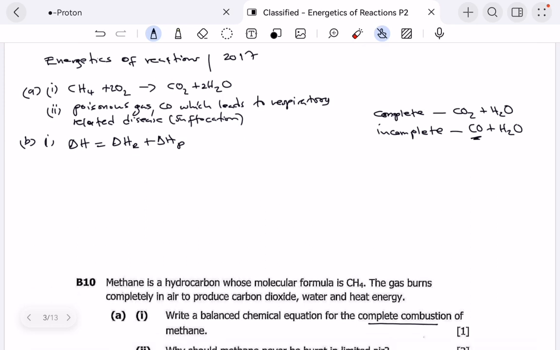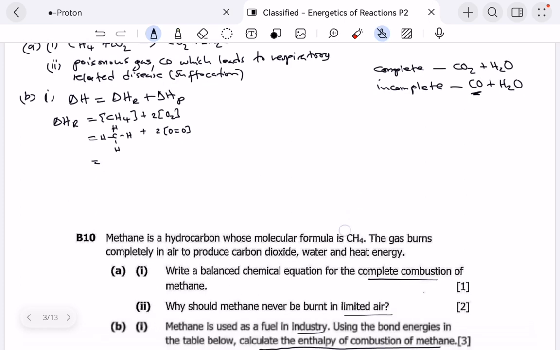We're going to look at the enthalpy of reactants, which is the energy of the CH4 plus the energy of the O2.